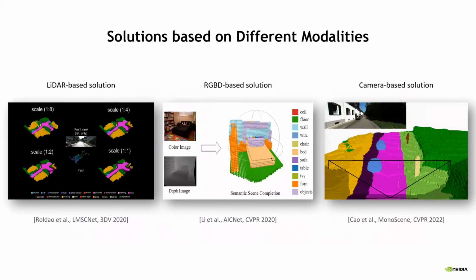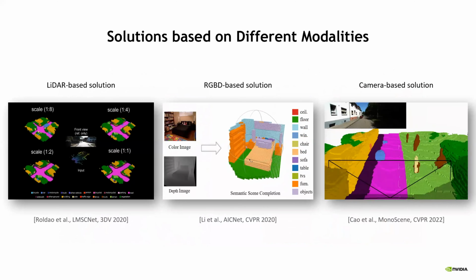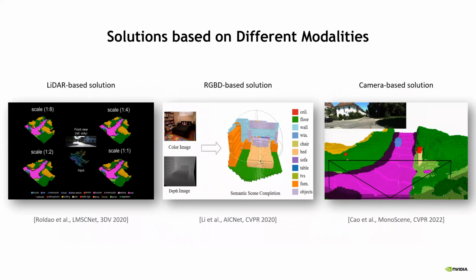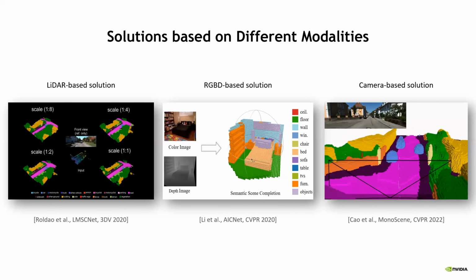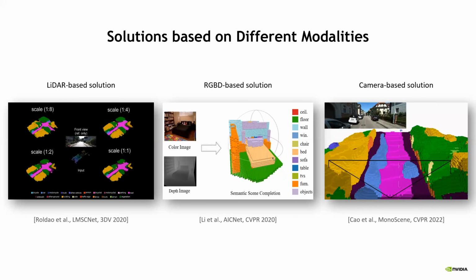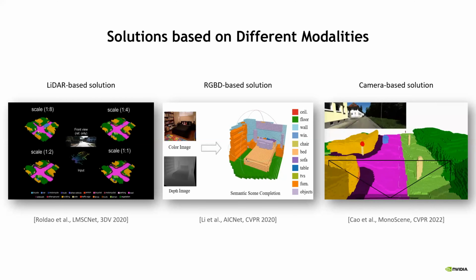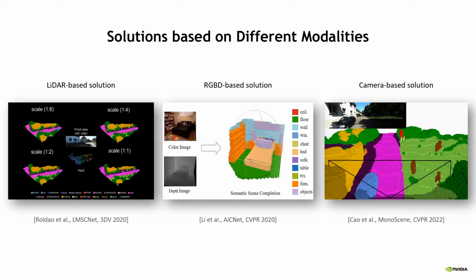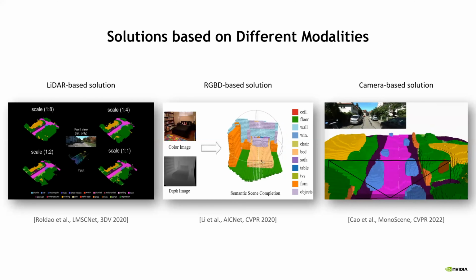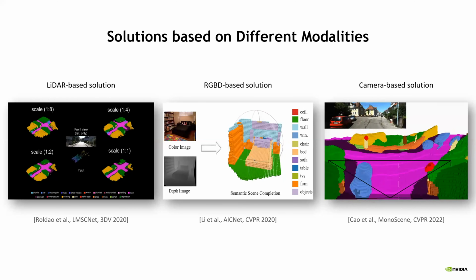In academia, people have been thinking about similar problems, for example semantic scene completion, which in some sense is also semantic occupancy prediction. There have been solutions based on various modalities.